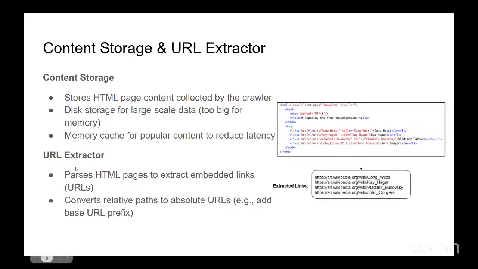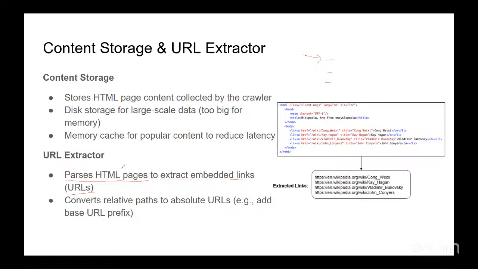So this URL extractor component, what it will do, this is different from content parser. Content parser was parsing the content of the downloaded web page, but URL extractor is parsing the HTML pages to only extract the embedded links, right? So it is like content parser will actually parse every single bit of HTML content, paragraphs or headings, titles, all those kind of things.